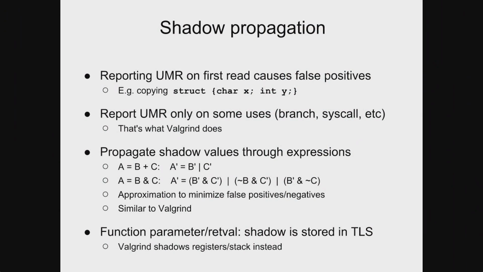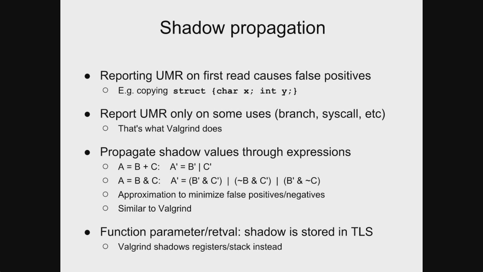One of the problems of many tools that find uninitialized reads is that they report what they think are bugs very early, and what I think are false positives. Here is a simple example. Suppose you have a struct in C language which has a 1-byte object following a 4-byte object.